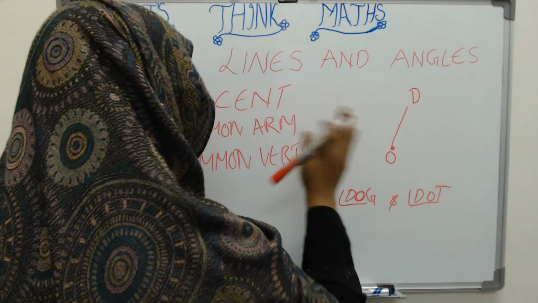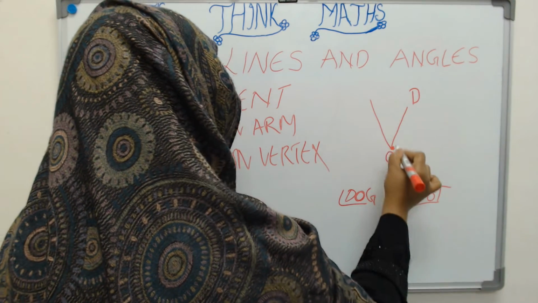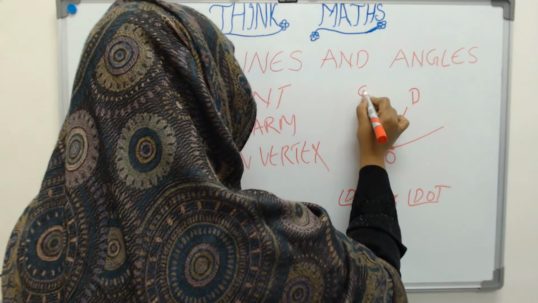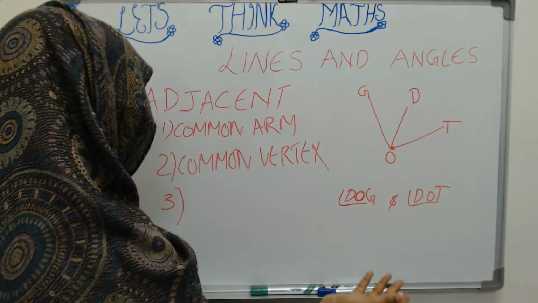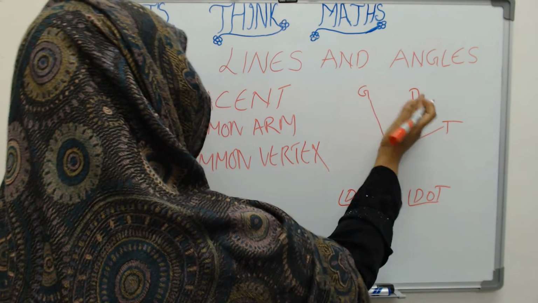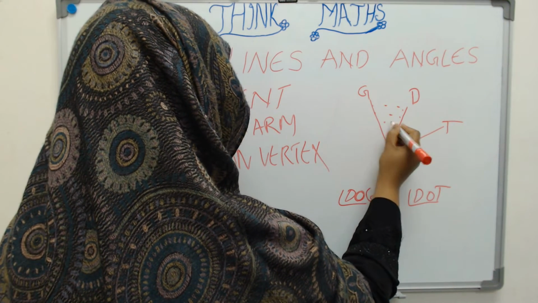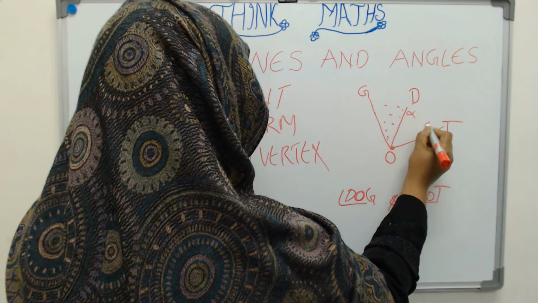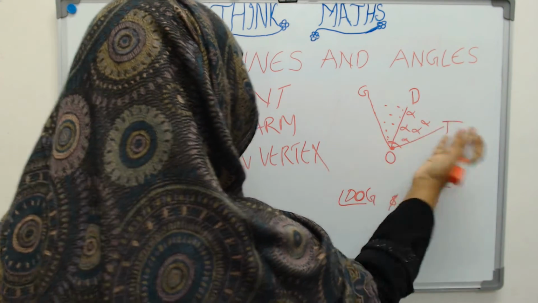So what about the other arm? If they are adjacent, they will lie on either side. This will be DOG and this will be DOT. So see, one common vertex, one common arm, and these lie on either side. So this is DOG and this is DOT, and these two angles are adjacent.